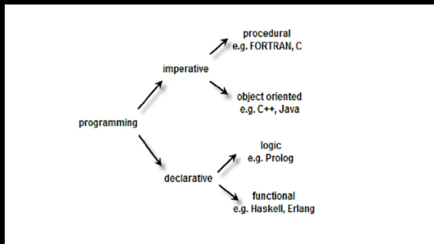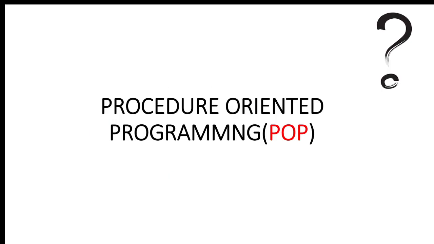Now see the actual difference between POP and OOP. So what is procedure oriented programming language actually? In procedural programming, the major focus is on functions rather than data, and hence programs are divided into modules like functions.